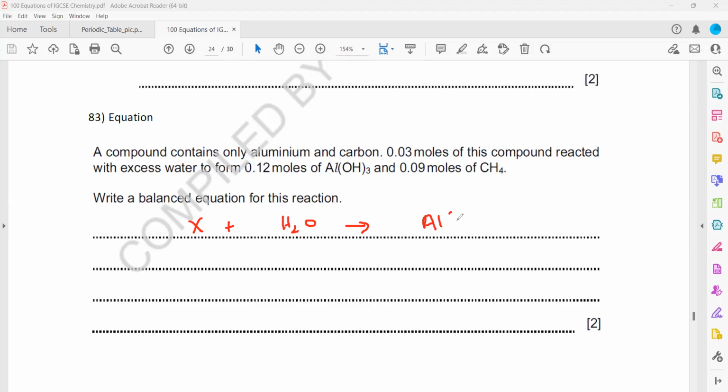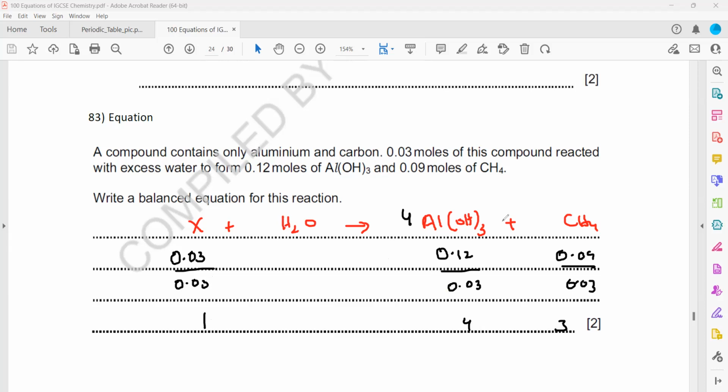It produced aluminum hydroxide and methane: 0.03 moles of the compound, 0.12 moles of aluminum hydroxide, and 0.09 moles of methane. When we take the simplest ratio, we divide by the smallest value. So dividing by 0.03, this will be 1, this will be 4, and this will be 3. So the simplest ratio: here we should have 4, here we should have 3, and this compound 1.